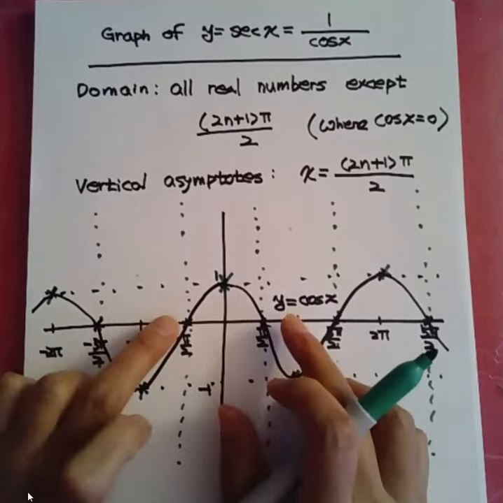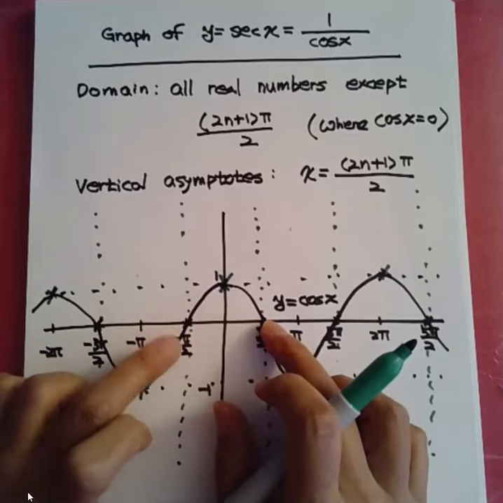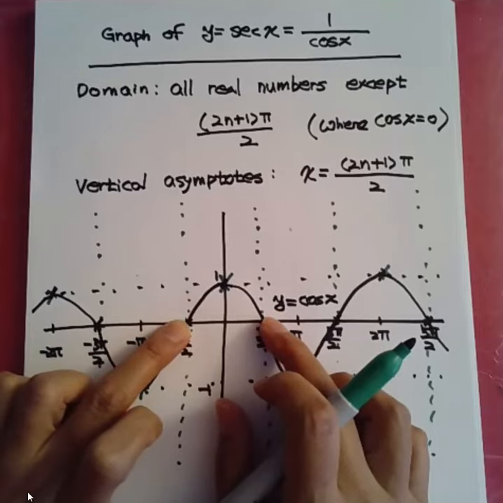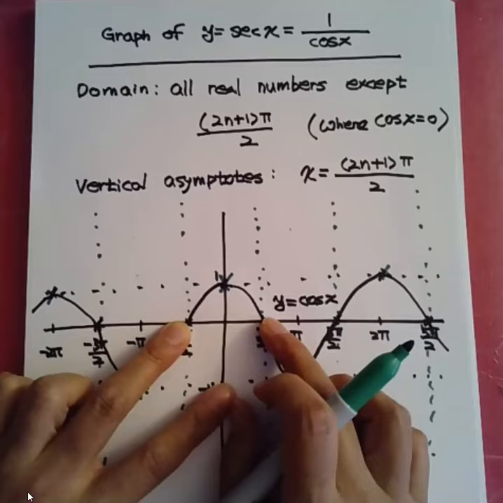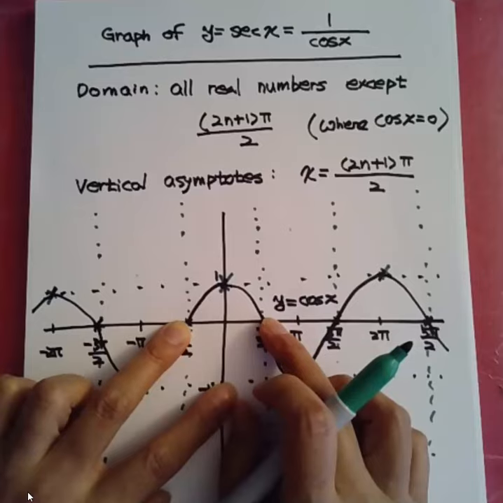And between this and this point, minus pi over 2 to pi over 2, cosine value stays positive, meaning when we think about the reciprocal, all the reciprocal will become positive value.